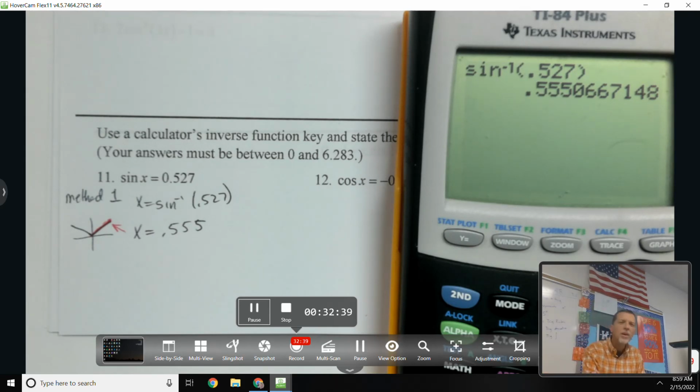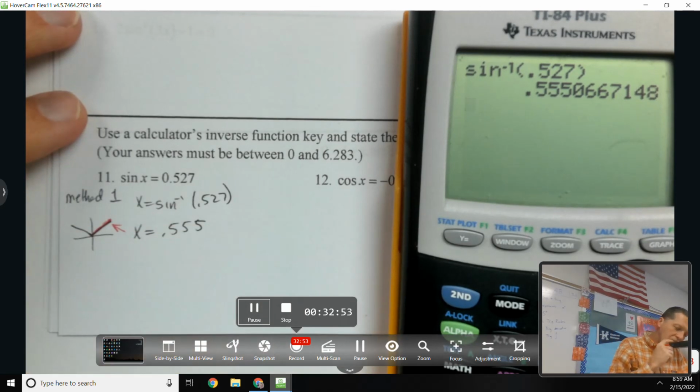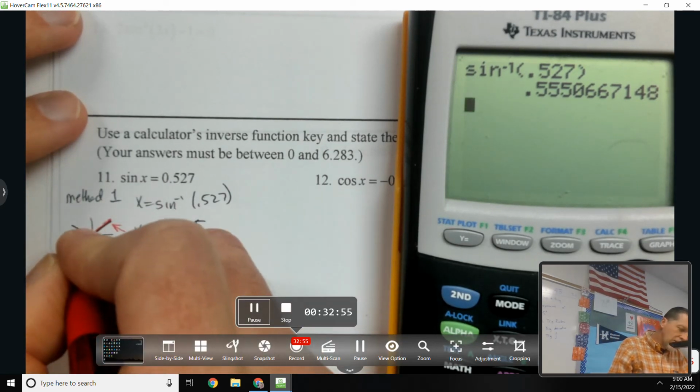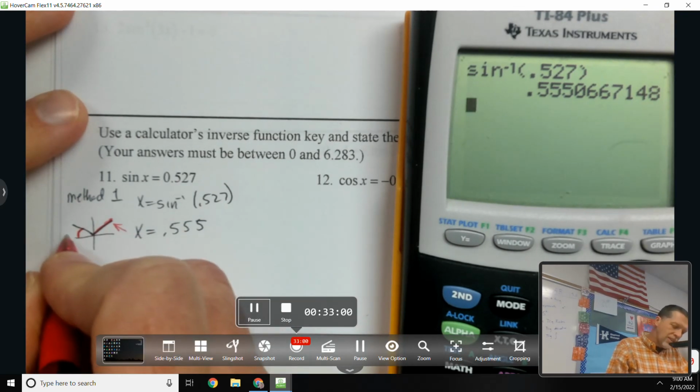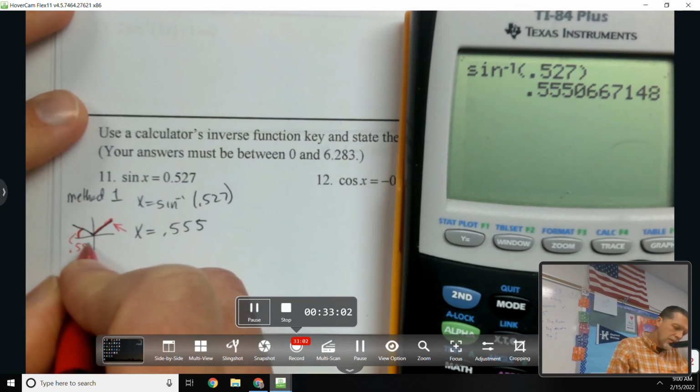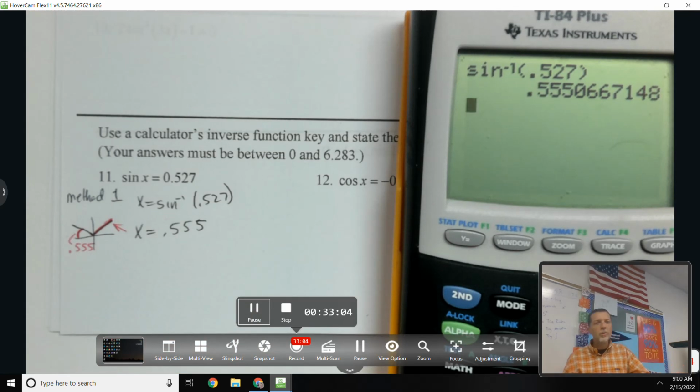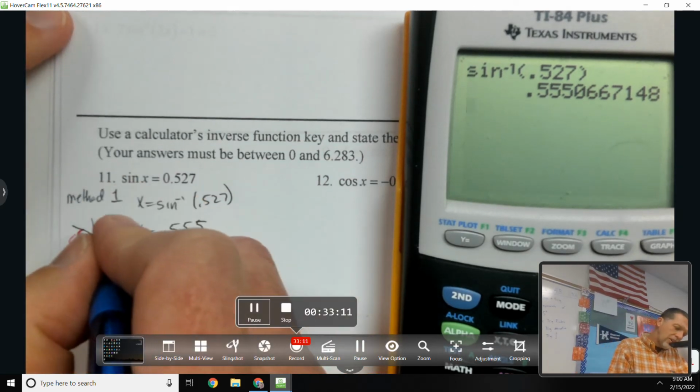But how do I find the other one? Good luck. One answer is use the graphing part, but the other answer is, like, I know they're symmetrical, so I know that angle is also 0.555. So how can I figure out what this angle is?